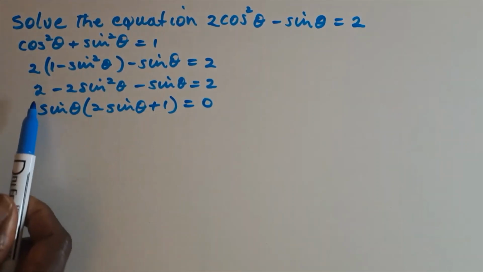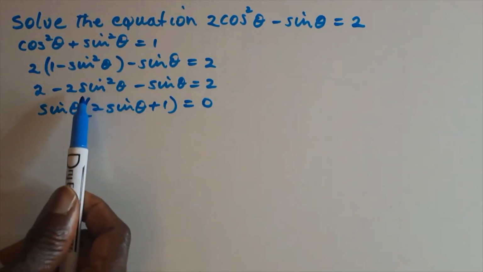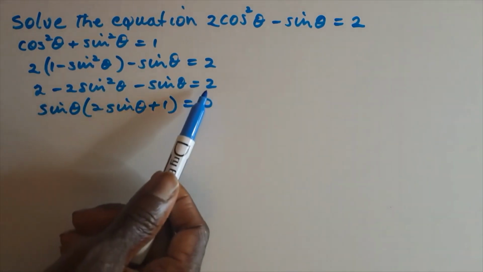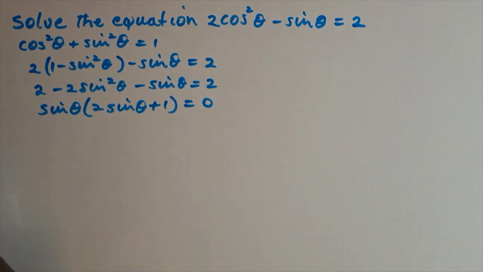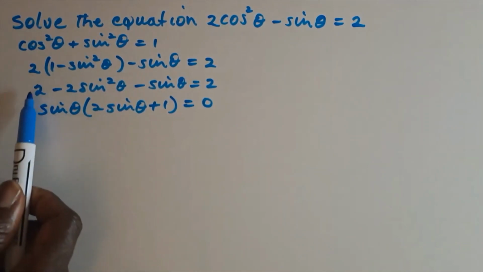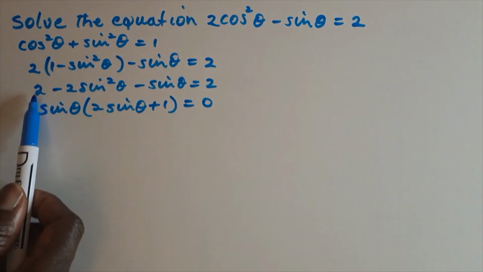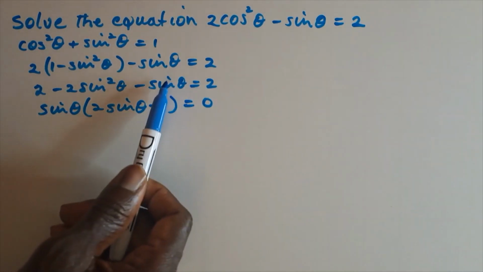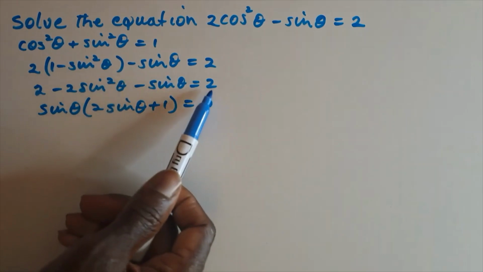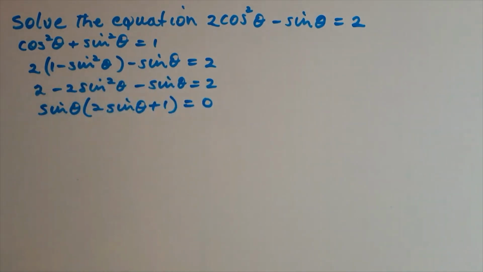What I've done from this step to here, I've multiplied by minus 1, and then I've rearranged to take this 2 onto the left, which cancels with this 2 because this becomes minus 2, and this becomes positive 2 on this side because it was negative 2 from multiplying by negative 1.